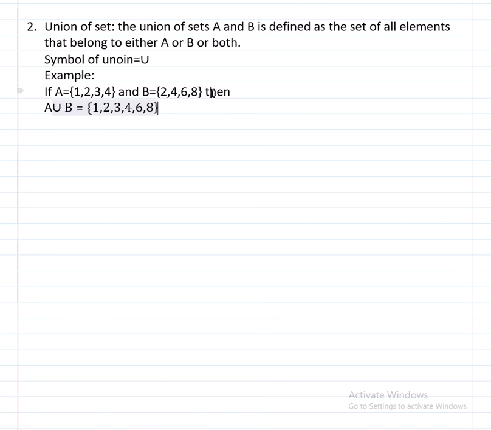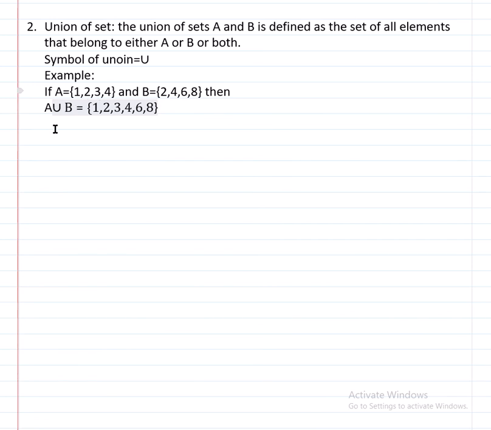Alright, and can we say that A and B is a subset? Yes. So we can say that A and B is a subset of A union B, because they are all from A.